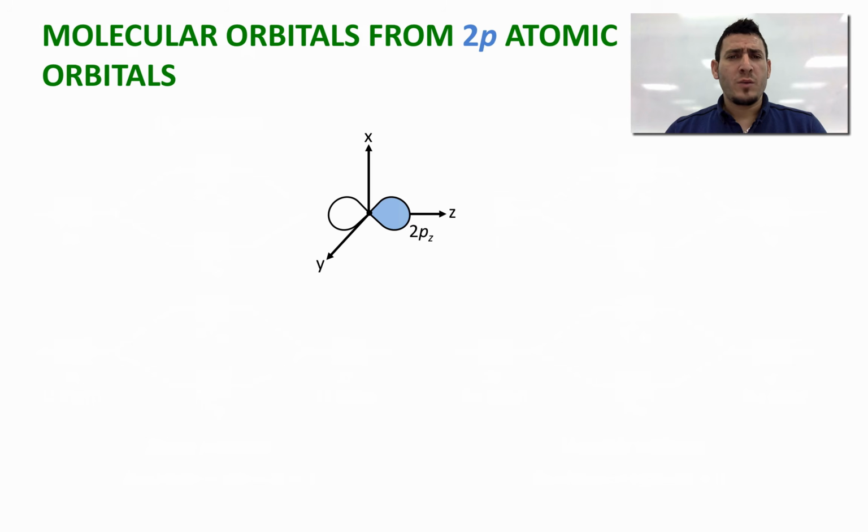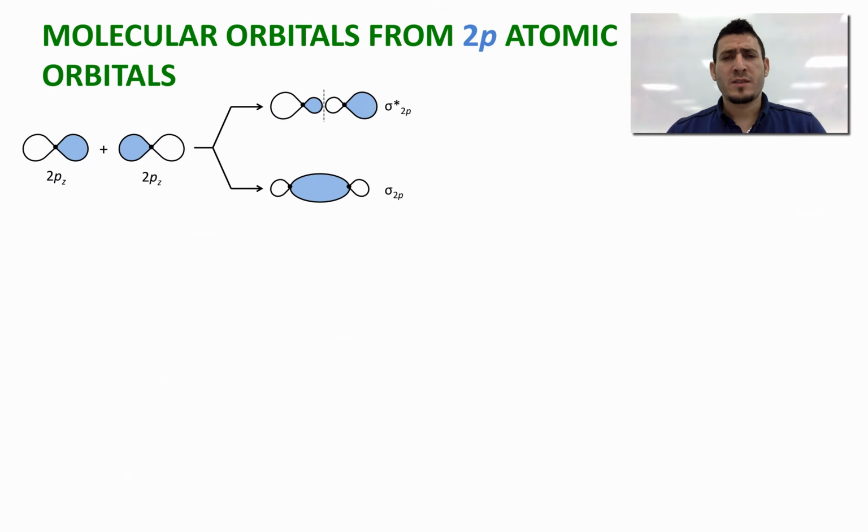Now we will consider that the pz orbitals will overlap in a horizontal way, and therefore when 2 pz orbitals overlap, they can overlap in phase or out of phase, and they can form the bonding and antibonding orbitals. Since they are overlapping in a horizontal way, they are going to form a sigma. We will call that sigma 2p and sigma star 2p.